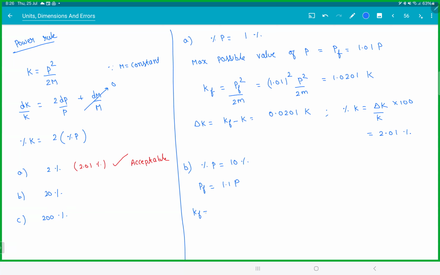So what is kinetic energy final? 1.1 square P square by 2M or 1.21 K. So delta K would be 0.21 K. So we get percent error in K would be delta K by K into 100. That's 21%. This is wrong actually. The answer is 21%. In the exam they'll ask you this, and both the options will be there, 20 and 21. Everyone will mark 20 and come.